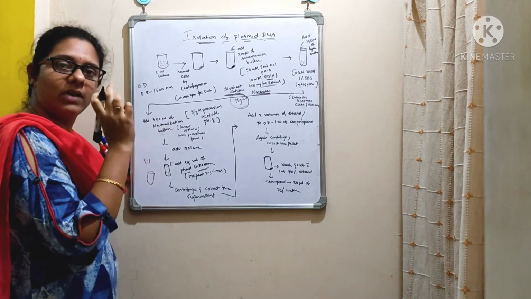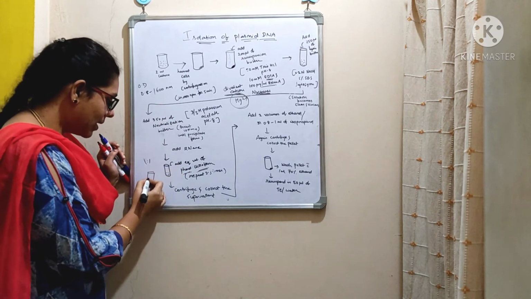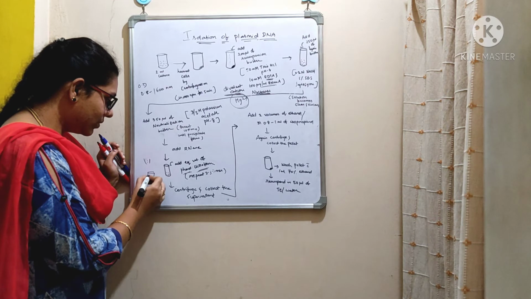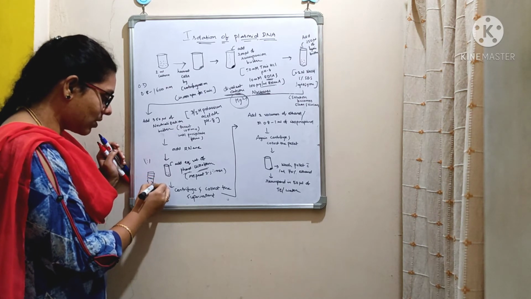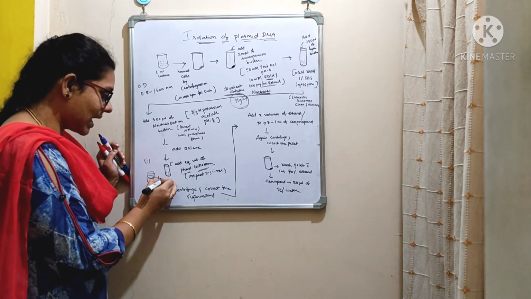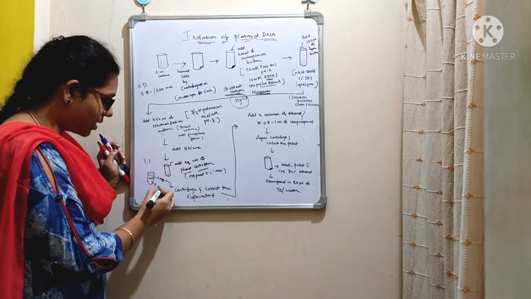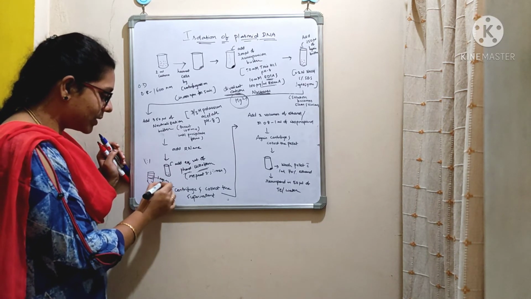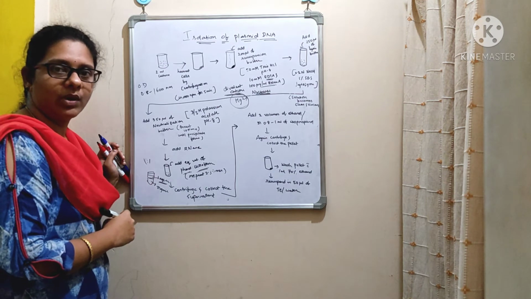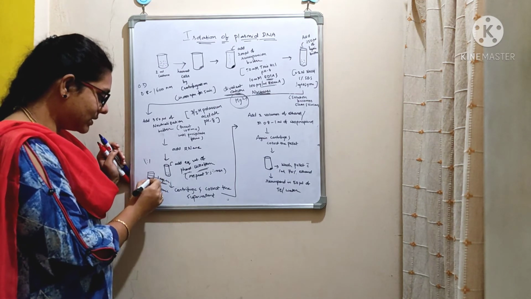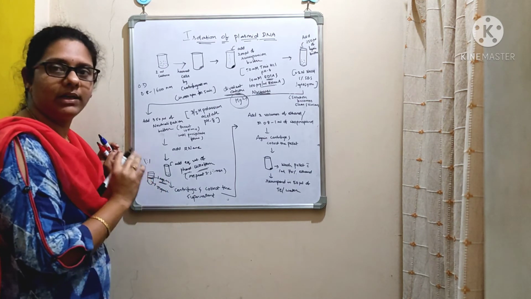After centrifugation, when you observe the Eppendorf tube, based on the density gradient, you can observe two phases. One is the organic phase and the other is the aqueous phase. The bottom one is the organic phase and the upper one is the aqueous phase. And the DNA, due to the density, will be here in this interphase.